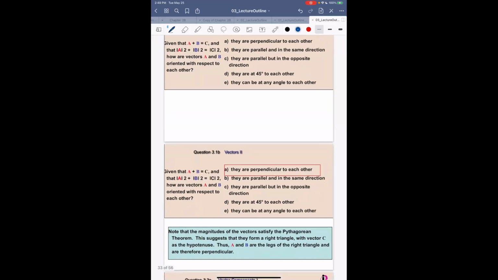Why? Because we will say that the magnitudes of the vectors satisfy the Pythagorean theorem, which means here I have right triangles, and then the vector C is going to be the hypotenuse, A and B, they're going to be the sides, and therefore they're going to be perpendicular.